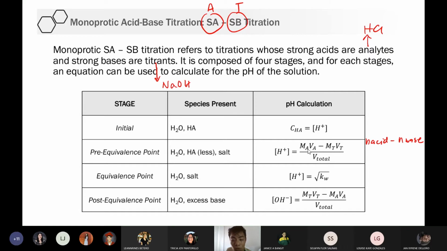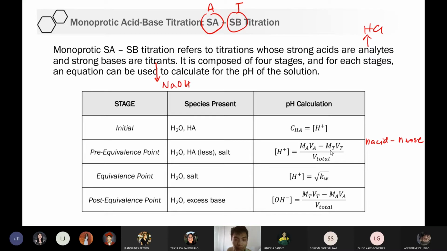Moles ng analyte or moles ng acid yon. Yung titrant natin, ano yon? Yung base. Okay? So, to solve for the mole of titrant, that is MTVT. Okay? Molarity titrant times volume titrant. Kaya ganito yung formula. Ito, mole ng acid minus mole ng base. This will give us the remaining mole of acid.